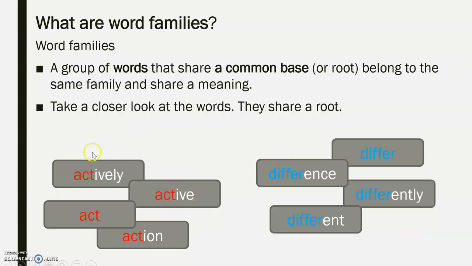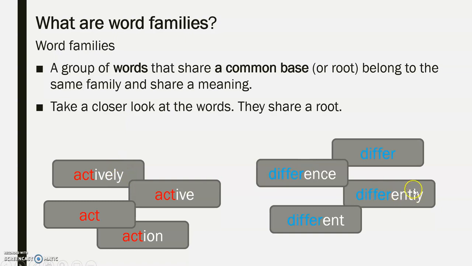And here we see that they're grouped this way, and we see that the suffix, the ending of the word, is a little bit different. Most endings in English show us a grammatical form. It gives us grammatical information. ION is often a noun. IVE is often an adjective, and LY is an adverb.